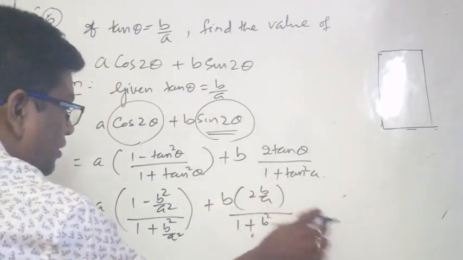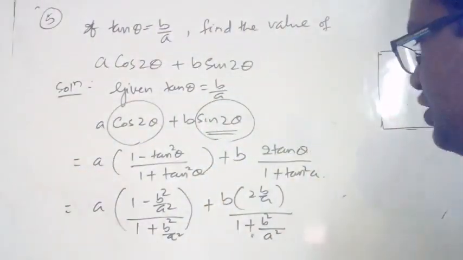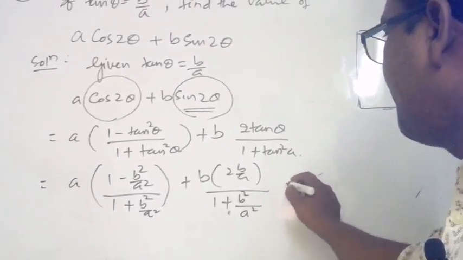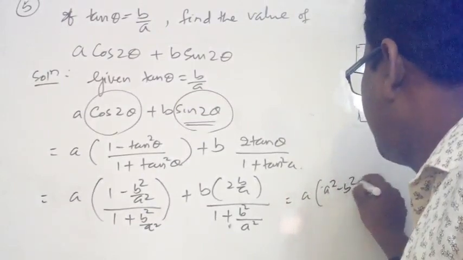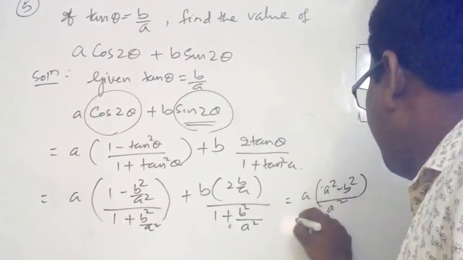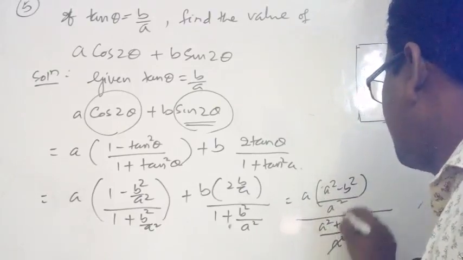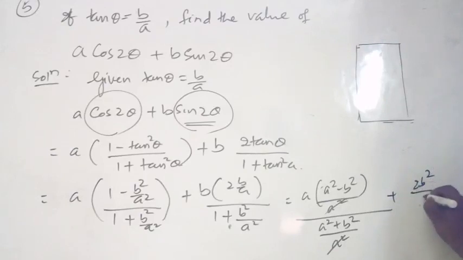So this will be equal to a times (a square minus b square by a square) by (a square plus b square by a square). So a square was cancelled. Plus here 2b square by a, whole divided by a square plus b square by a square.